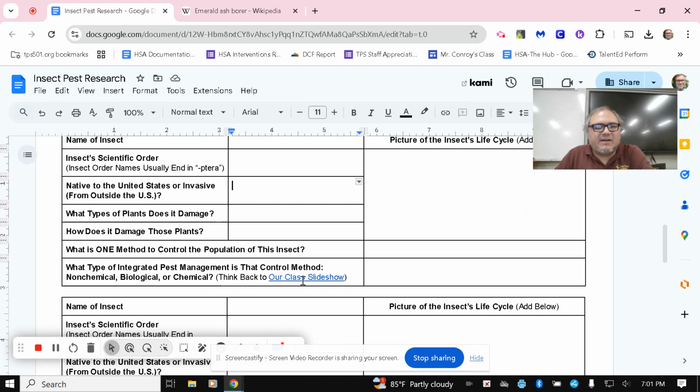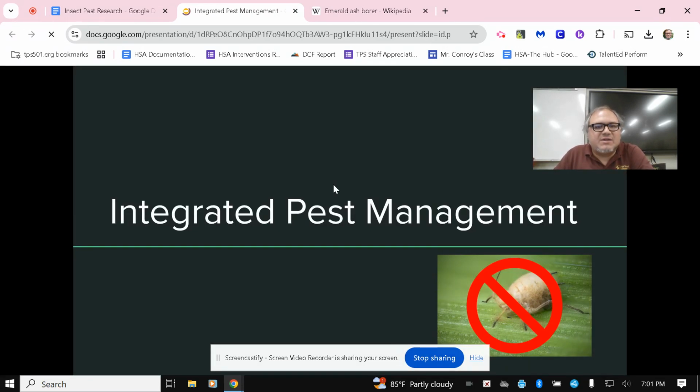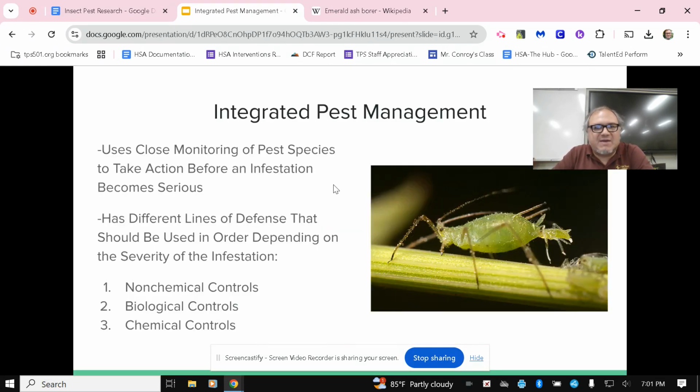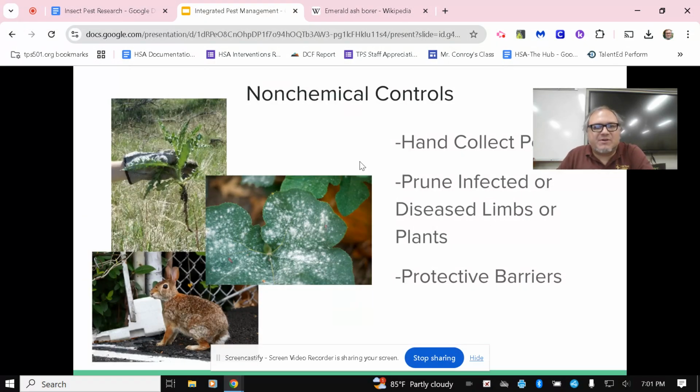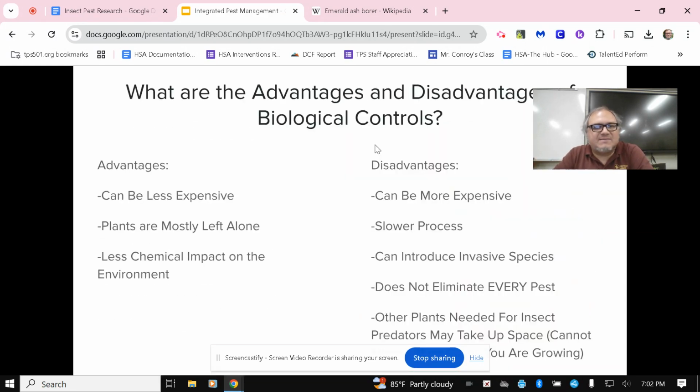And again, I included a link to our class slideshow where we talked about integrated pest management. Just as a quick reminder of what each of those methods are, non-chemical controls, again, would involve collecting them by hand. In the case of things like insects, if we're talking about biological controls, we might be talking about some sort of pest predator. So again, something that would consume the pest in a lot of these cases, or something like bacteria that might harm that particular insect.